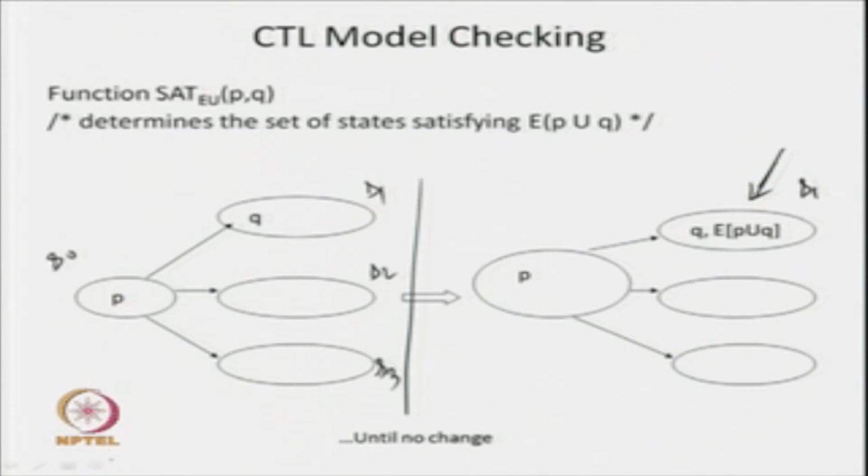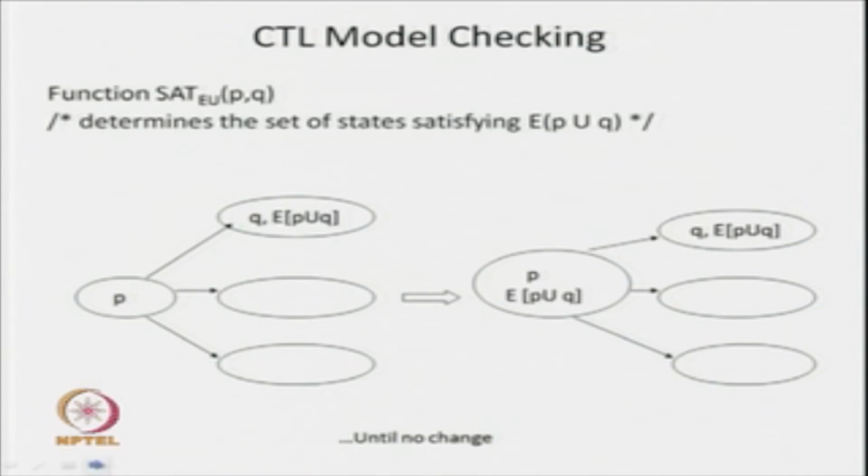Once we know this label, we can traverse the graph. For this state, we look at the predecessor, and if it is labeled with P, then we can label it with E[P until Q], because it is labeled with P and one of its successors is labeled with E[P until Q].